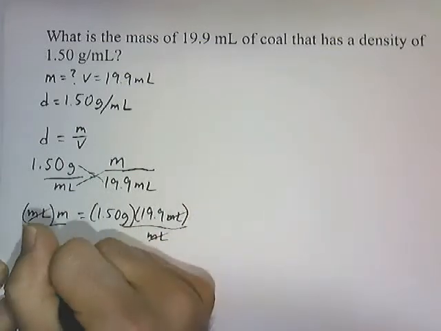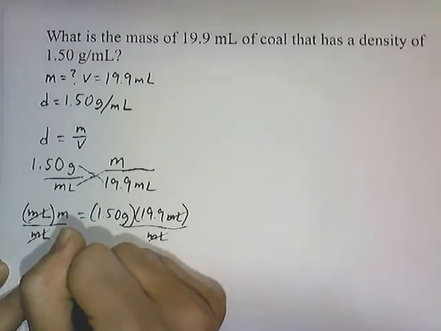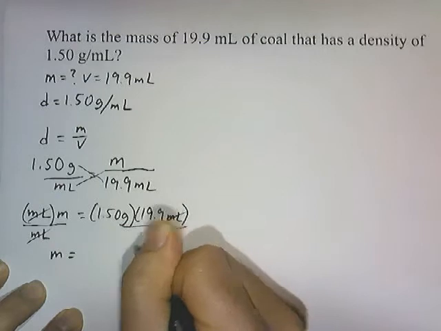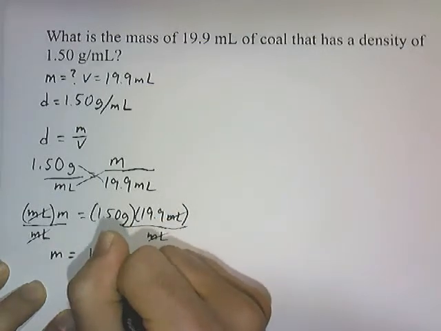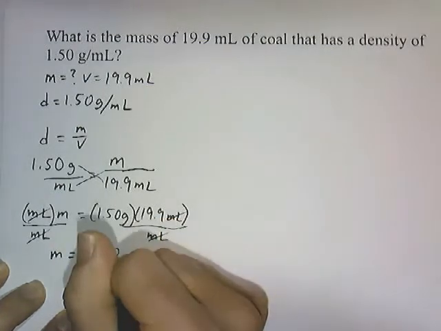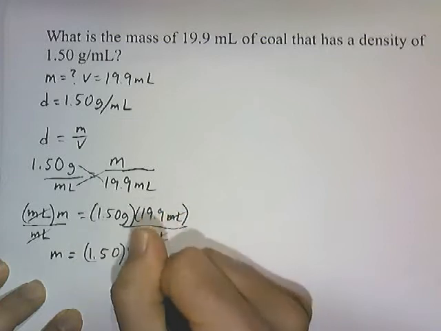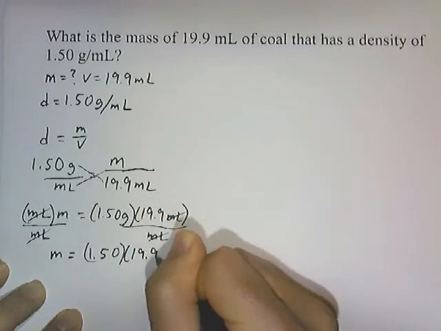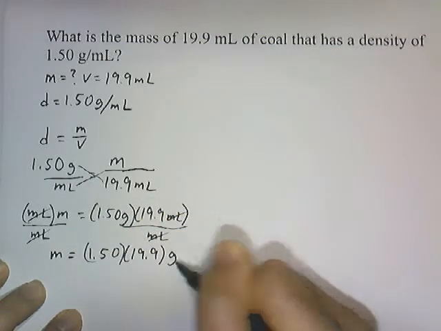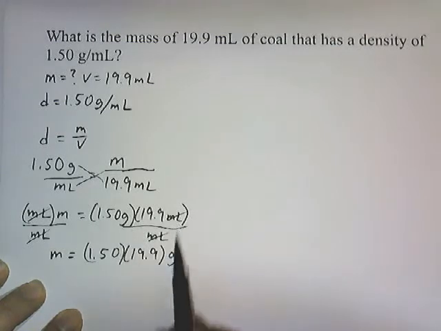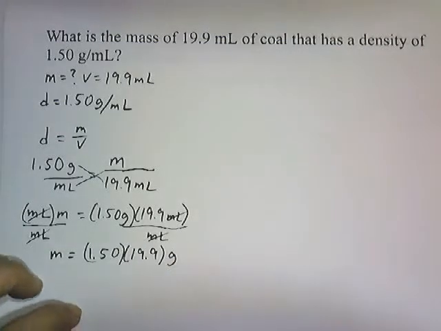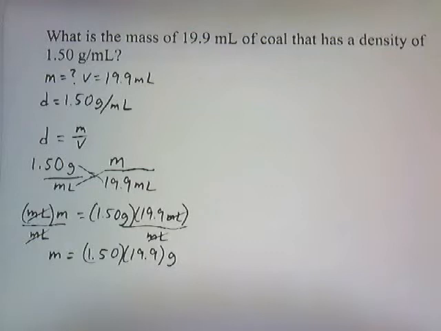and that's going to give us M, the mass, equals 1.50 times 19.9 grams. And all I did was I just moved the grams over. The order in which you do it doesn't matter. That's the transitive property, I believe, of multiplication.